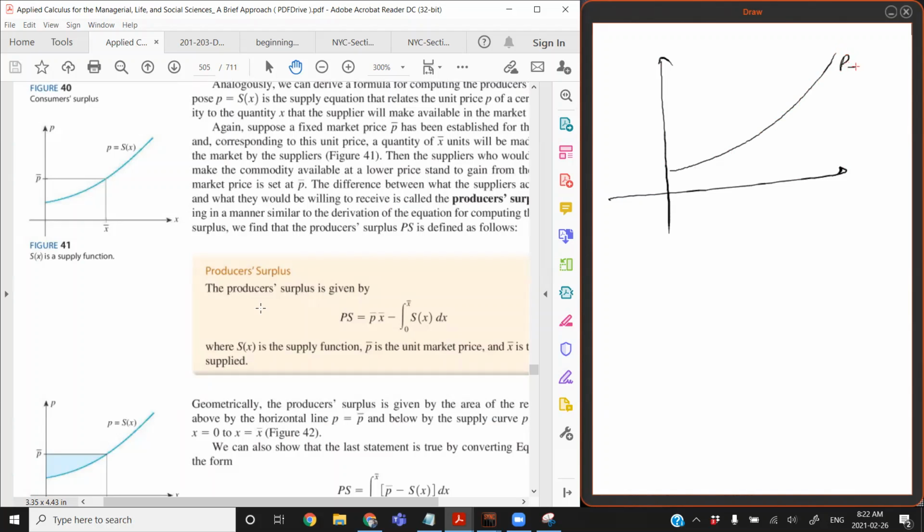So P is equal to S of X. X is the number of commodity, the number of items that are supplied per a certain time frame, day, week, whatever. And P is the price. And there again would be some established price, P bar, and some established amount of supply, X bar.